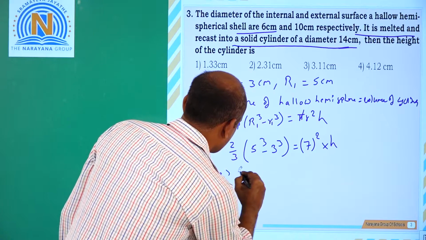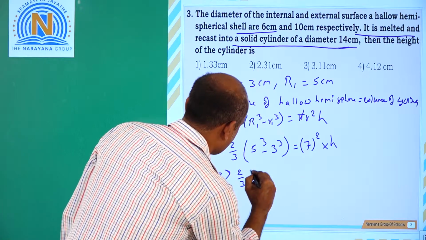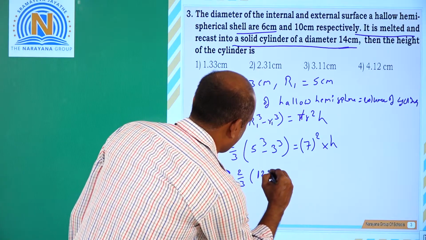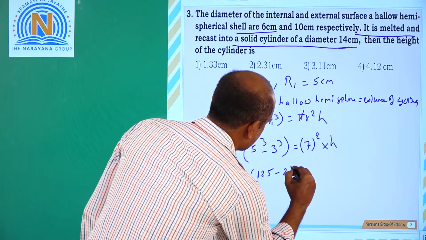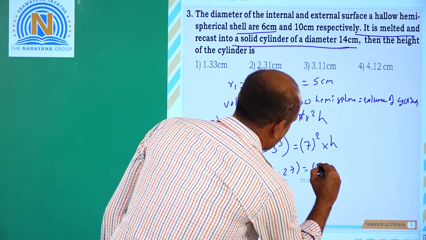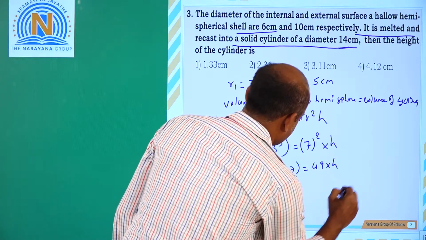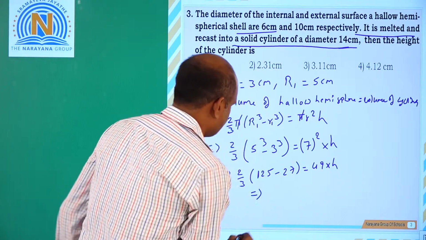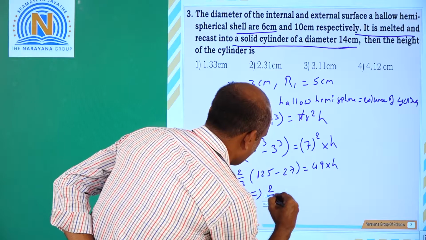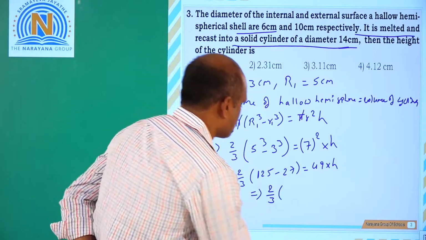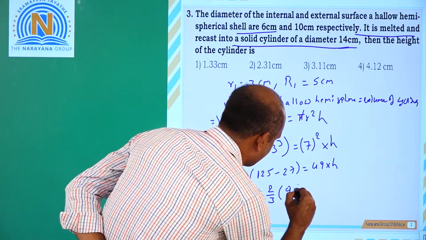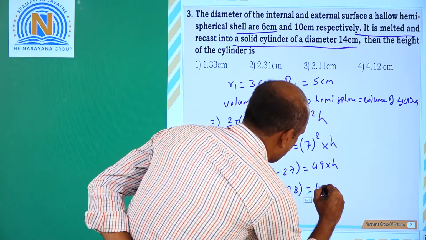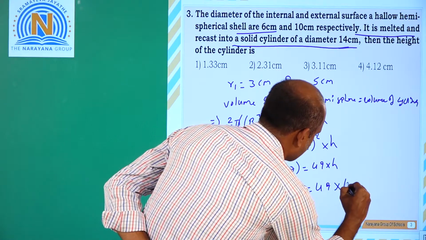That implies 2 by 3 into 5 cube is 125 minus 3 cube is 27 is equal to 49 into h. That implies 2 by 3 into 125 minus 27, that is 98, is equal to 49 into h.